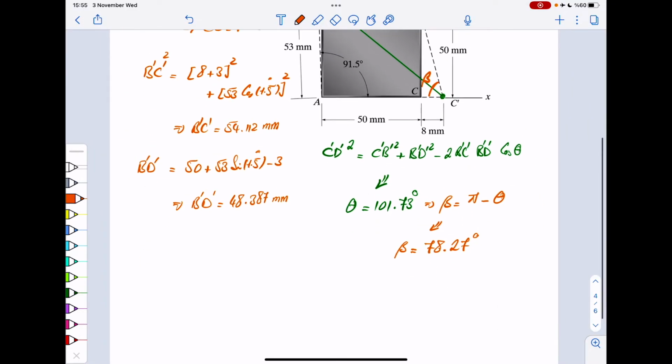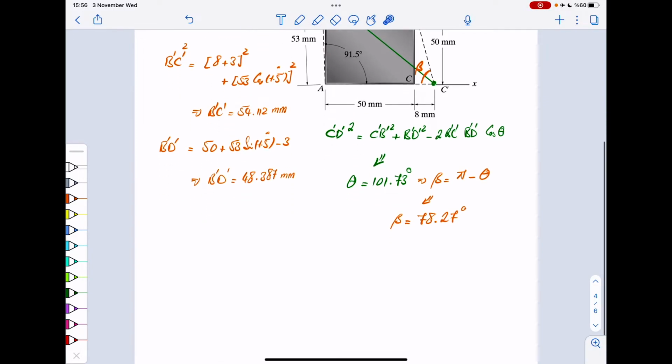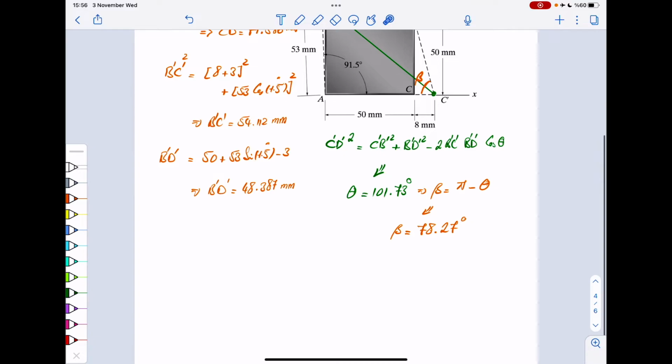Okay. So now you have all the angles you want. You have beta, you have theta, you have 91 and a half, and obviously whatever is left here would be the same here. So you also have this other angle here, which I didn't write, but this is going to be 88.5, obviously, right? So we have that. Now, for each of these corners, we can compute the shear strains. So let's calculate shear strains.